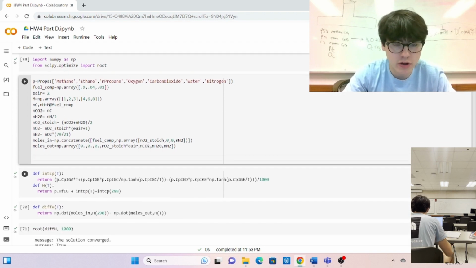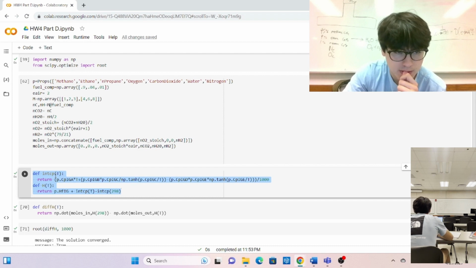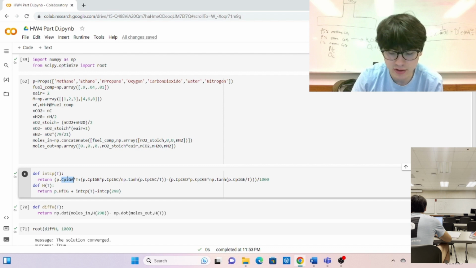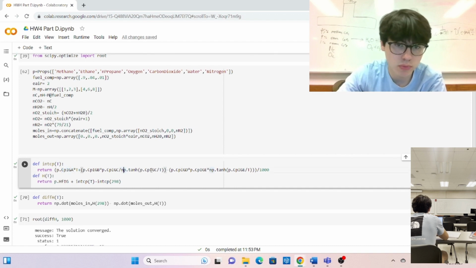The other error we had is we figured out that the heat capacity constants here were defined in terms of joules per kilomole. So we had to divide by 1,000 to get them in terms of moles.